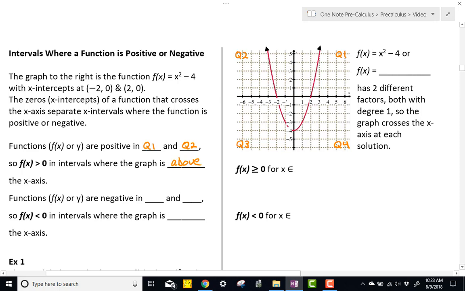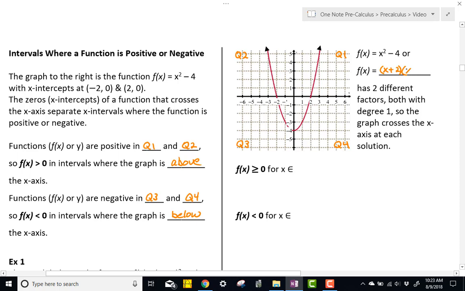Functions are negative in the lower two quadrants, so that's quadrant 3 and quadrant 4. So we would say that f of x is less than 0 in any intervals where the graph is below the x-axis. Let's take a look at this one right here. One way to look at this function, f of x equals x squared minus 4, is to factor it: x plus 2, x minus 2.